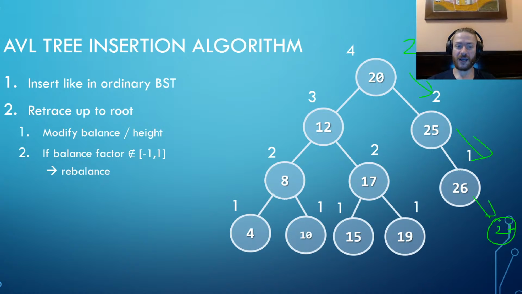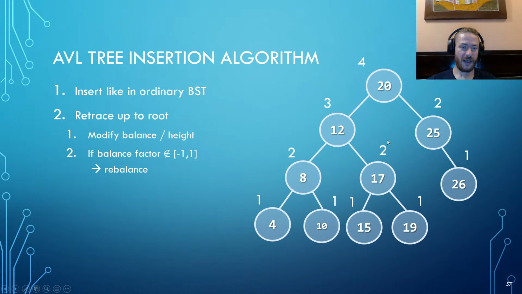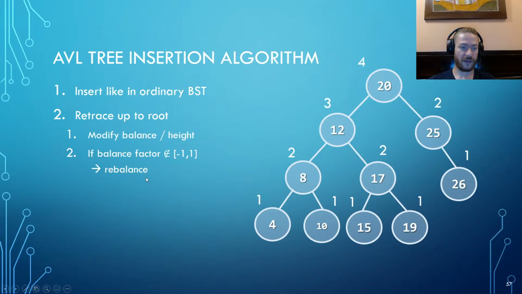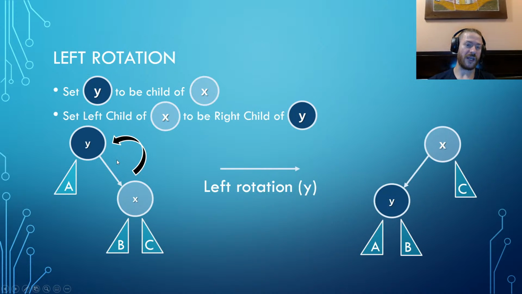Then we check the balance. So we calculate the new balance up to the root. Currently this will be 1, 2, 3, 4, and the tree is still balanced. If the balance factor is different than -1, 0, and 1, we need to perform rotations, either a left one or a right one.